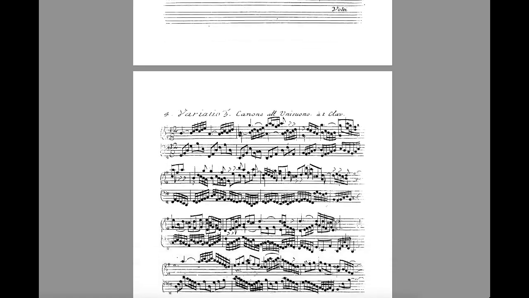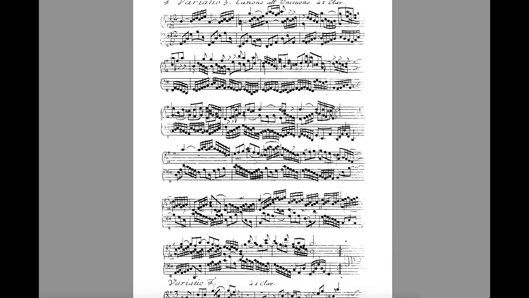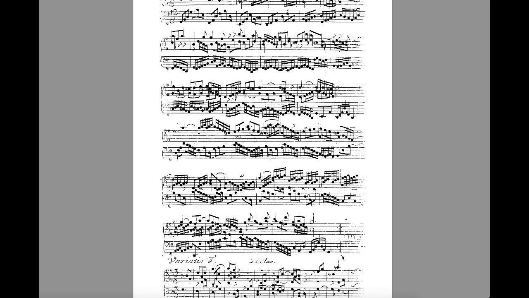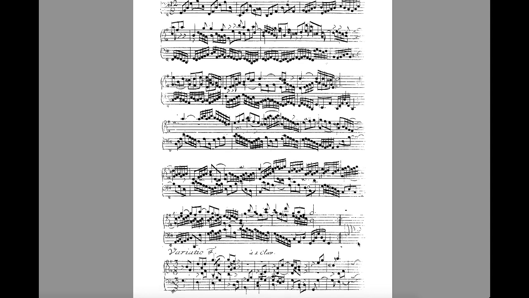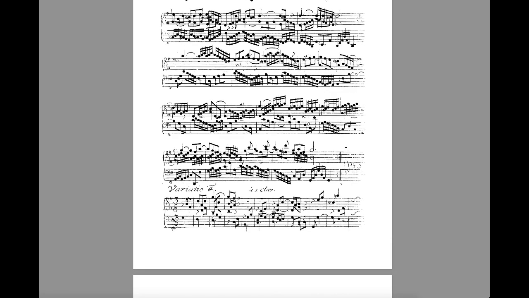And we come to variation 3. And at the end of variation 3, which is right here, look very carefully, there is no fermata. There's no fermata, but he adds this little squiggly line, this sort of whirlwind looking thing right here. It's kind of faded away. That goes directly into variation 4.